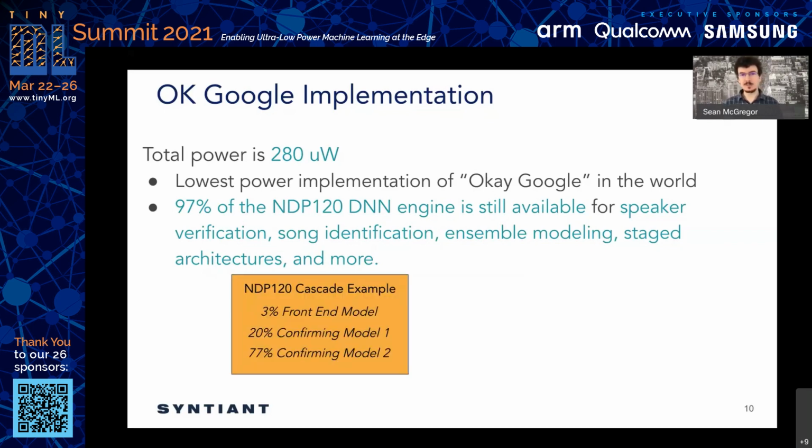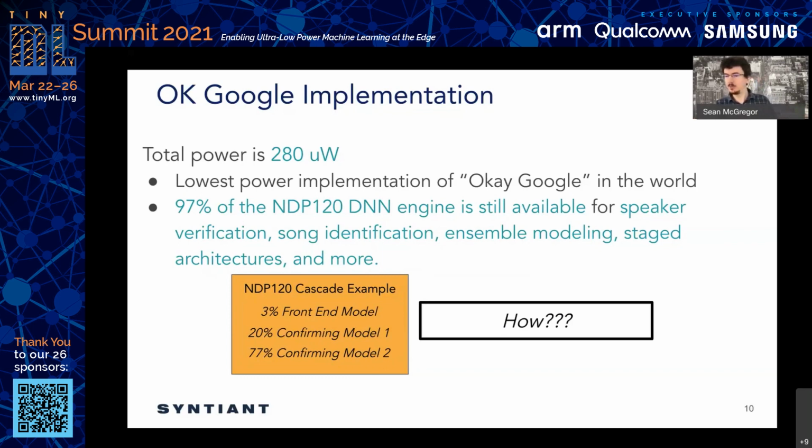And what this means in the NDP-120 is if we consider this Google model to be a front-end model that's only using 3% of it, then we can use 20% for some confirming model 1 that's more power intensive, that runs conditionally, and we can then use yet more of the system resources towards a second confirming model, or the thing that would more typically have been running on the GPU. So there's a really big room to grow that is only tiny in its power consumption, but not in its capability and modeling space.